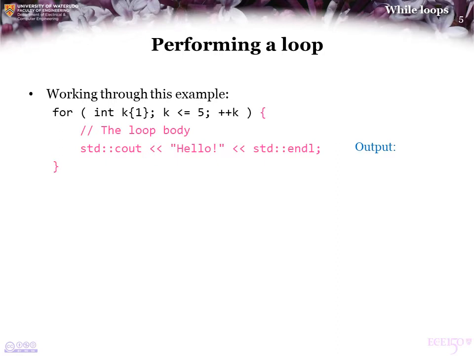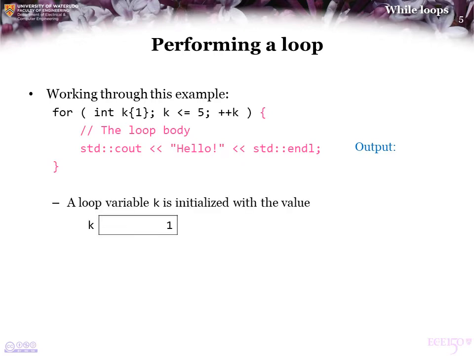Let's actually work through this example to see what's happening a little bit beneath the hood. So, the first thing we do is we declare the loop variable k. K is initialized with the value 1. Now, k is stored somewhere in main memory. We'll discuss that later. But right now, that location in main memory is storing the value 1.